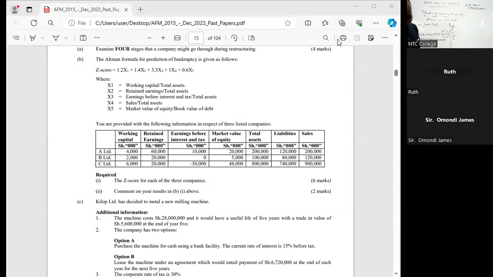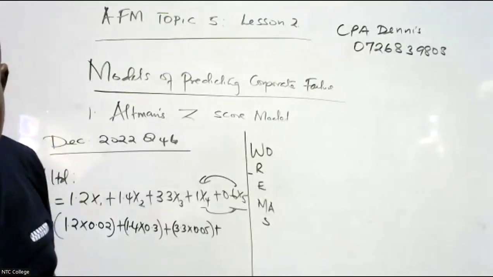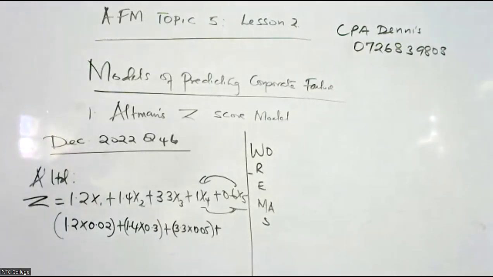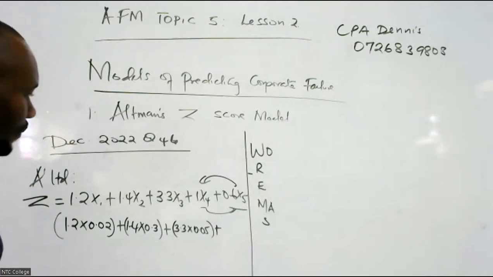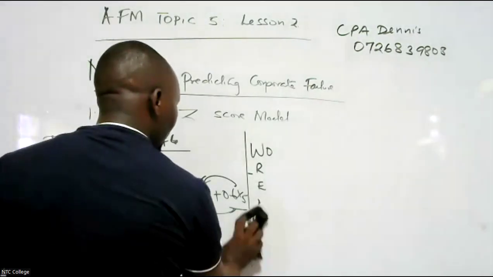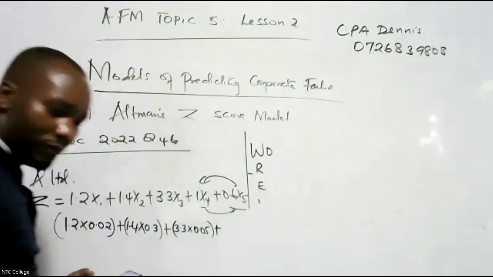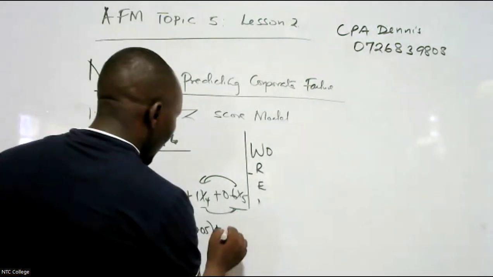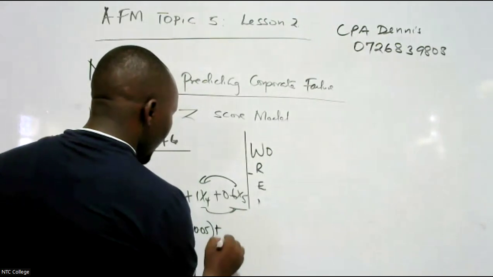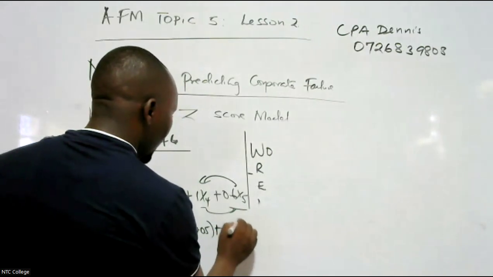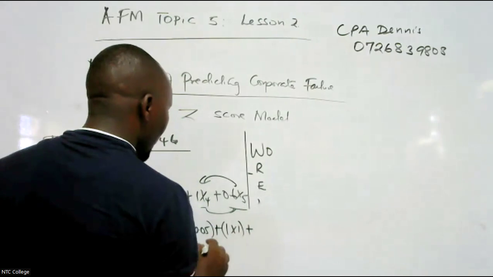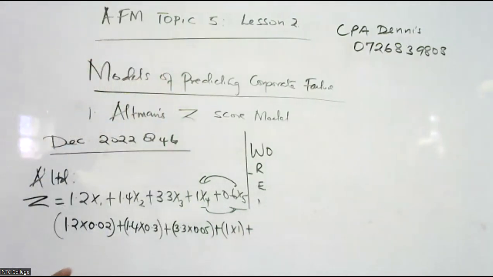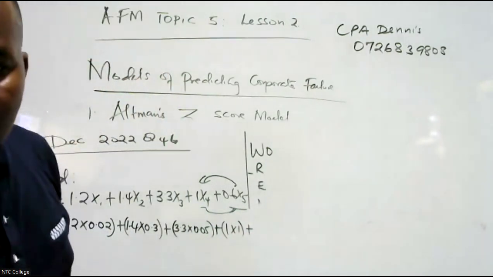Or maybe I saw it wrongly. So we have there 200 over 200, and that will give you 1. So 1 times 1. So that is 1.